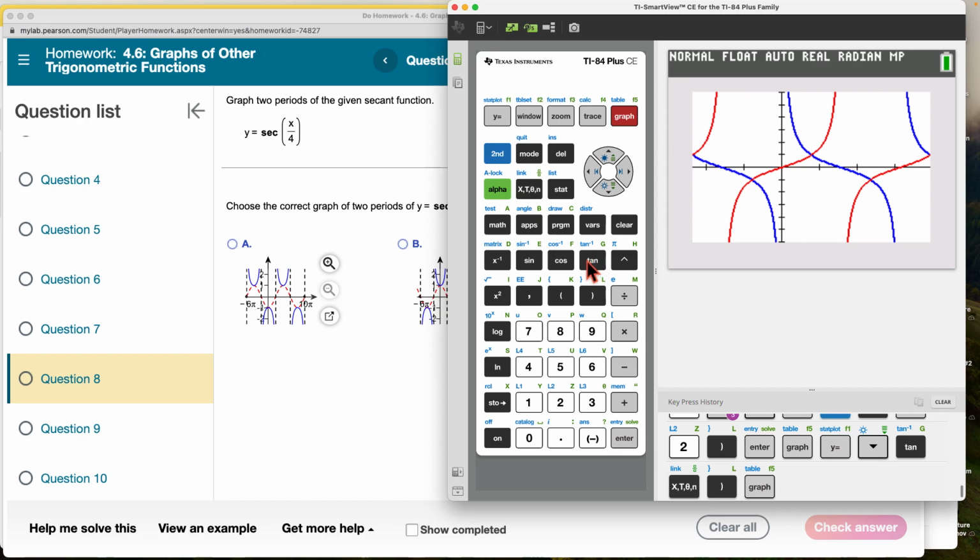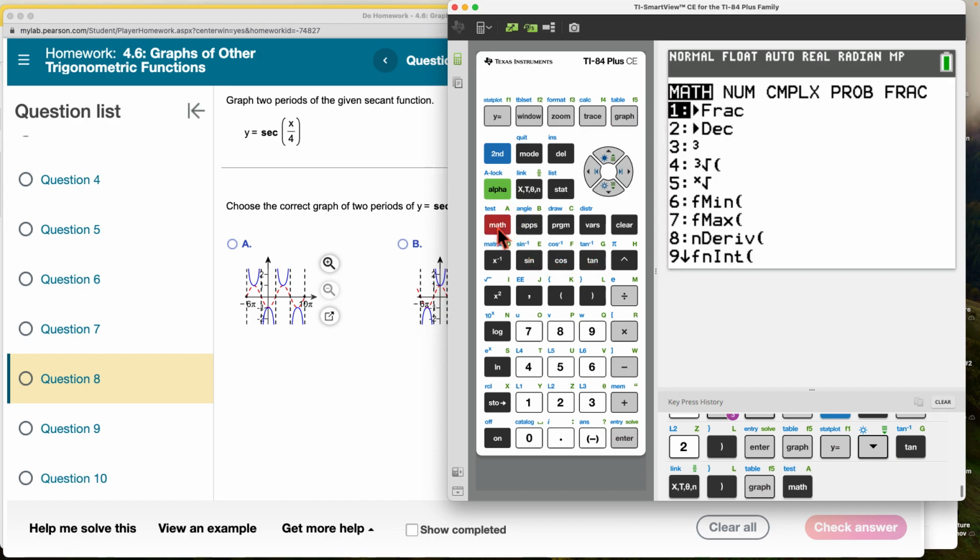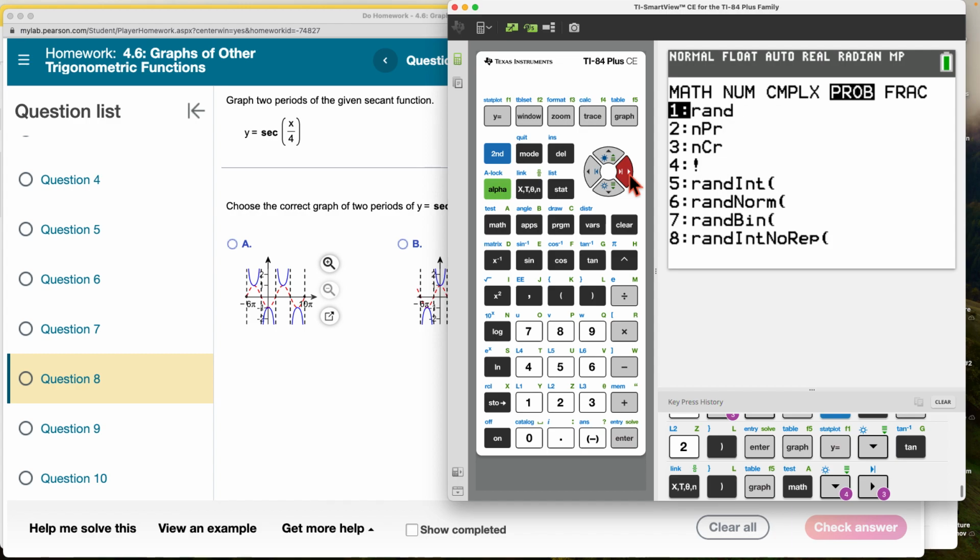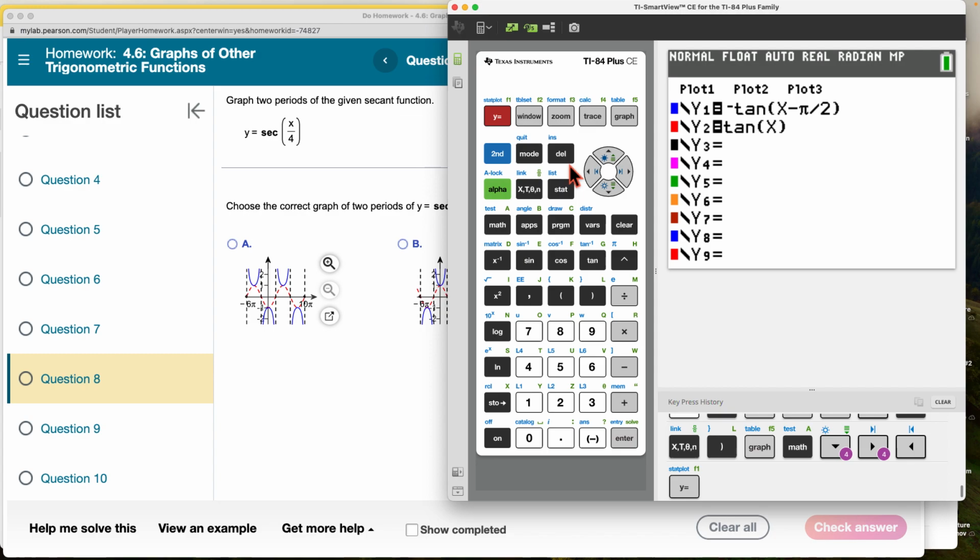You know, they have tangent, they have cosine, they have sine. The newer ones might have them somewhere like here, but if we want to graph the standard secant function, how would we do it? 1 over cosine. So secant we're going to graph as 1 divided by cosine.